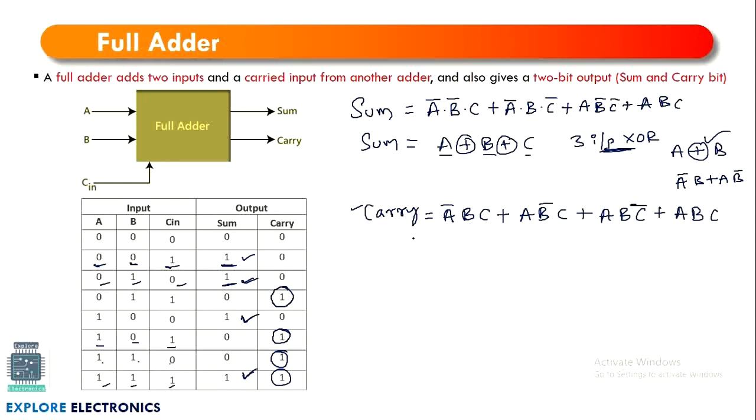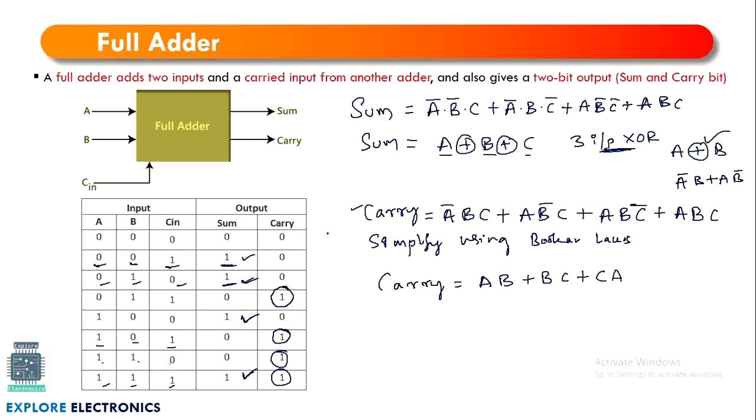Again this is a complex expression. We can simplify using Boolean laws. If you are interested, you can learn these Boolean laws and you can simplify this carry expression. Finally we are going to get the carry output as AB plus BC plus CA.